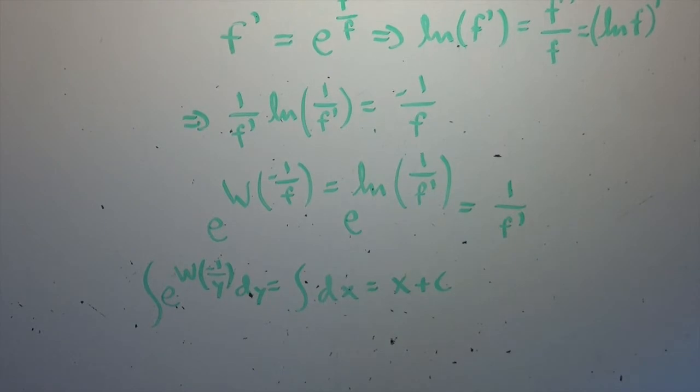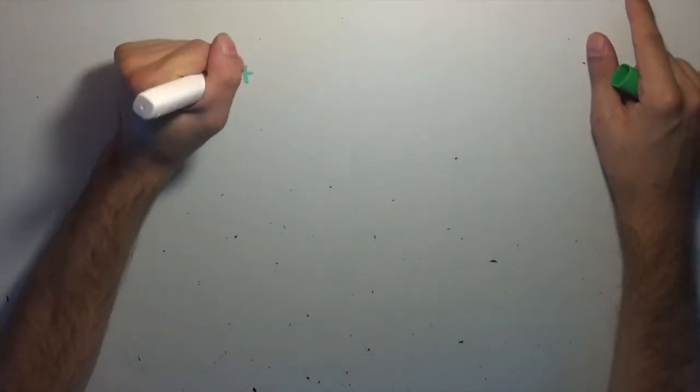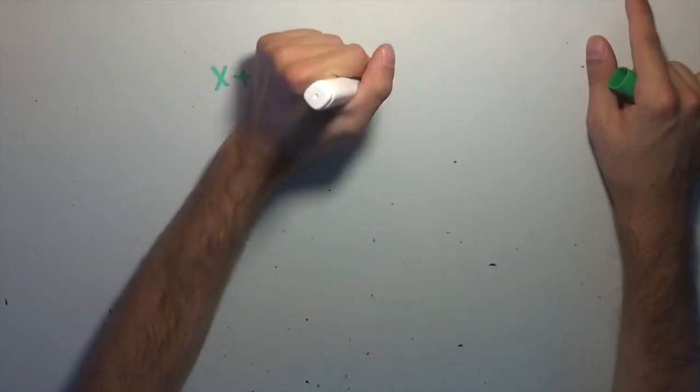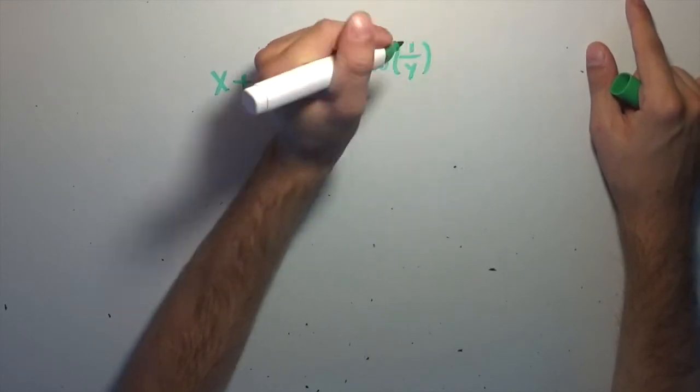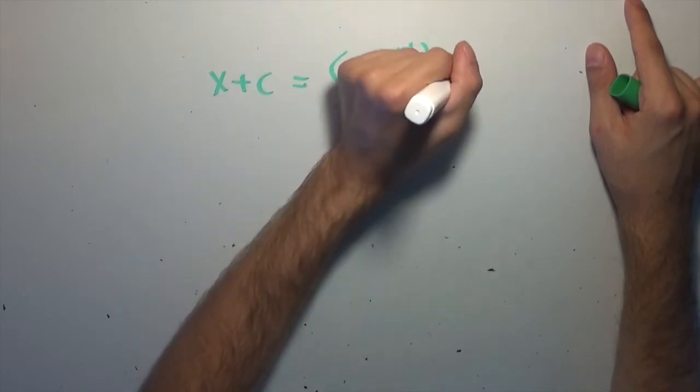That's not too difficult. So what we have so far is that x plus a constant is equal to the integral of e to the w of -1 over y, dy.